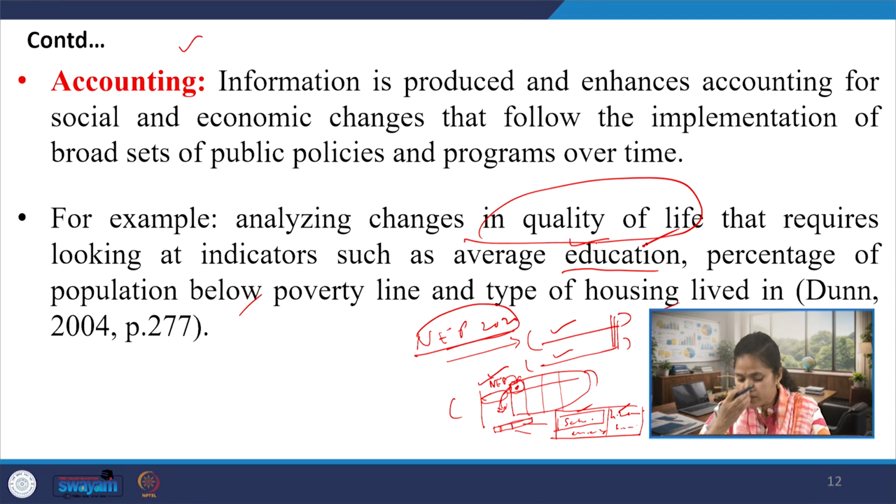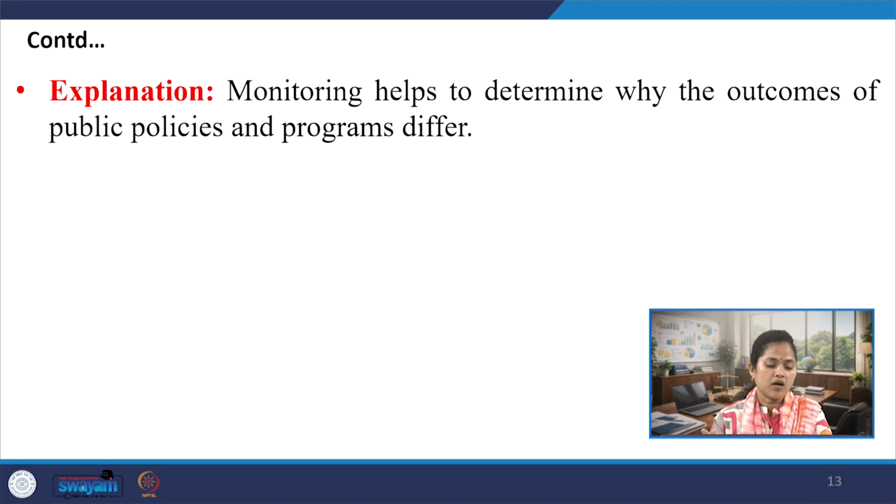When we maintain the data, analyze it, and make a report of it, we verify whether there is any deviation between the established or initial target and the actual implementation. That becomes our accounting.